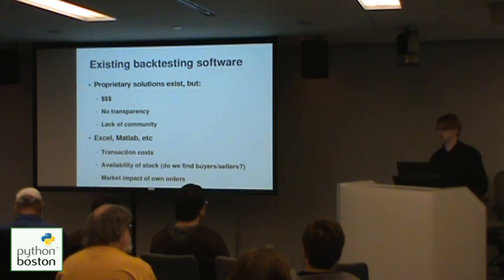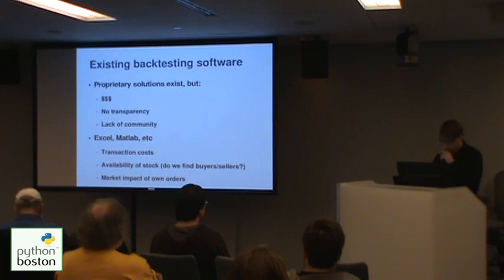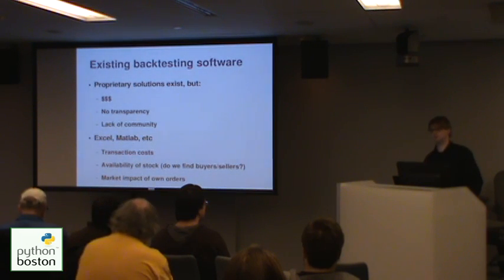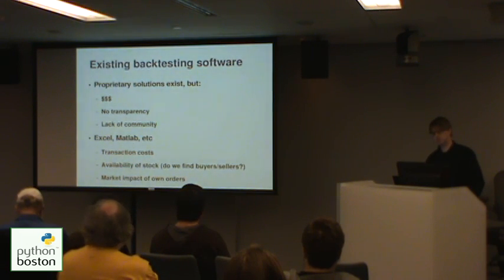We talked to one guy who works at a hedge fund, and he says basically every new guy that's coming in is writing his own backtester to get going, and that just seems like a lot of resources wasted.